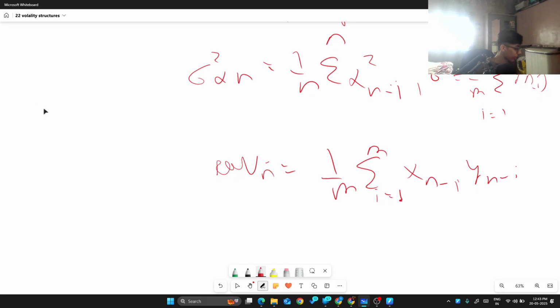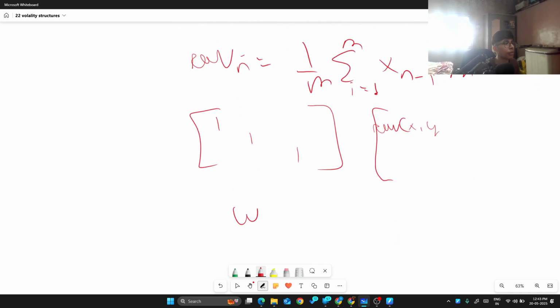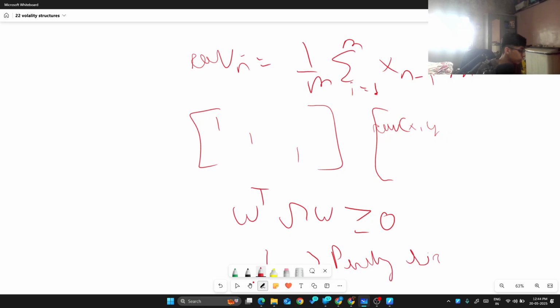And this way we find the matrix that has 1 on the diagonal, and we have covariance here for x1, y1, and that's how we find the covariance matrix, and its formula is w transpose omega w greater than or equal to 0, and that is a positive semi-definite matrix.